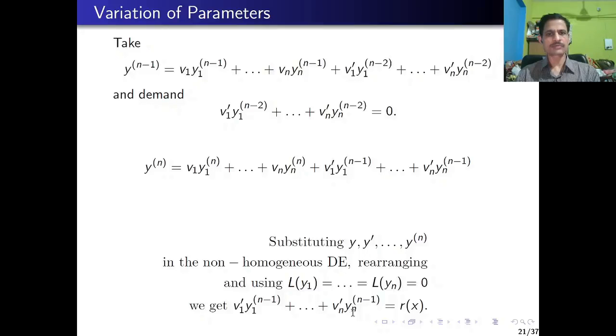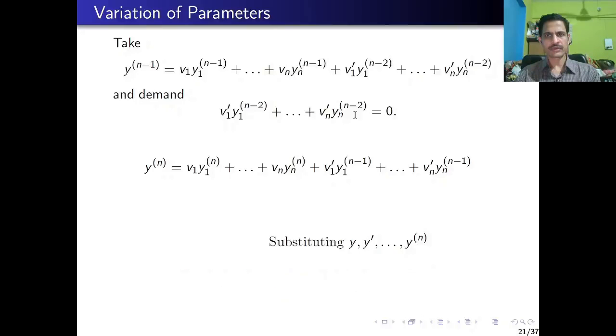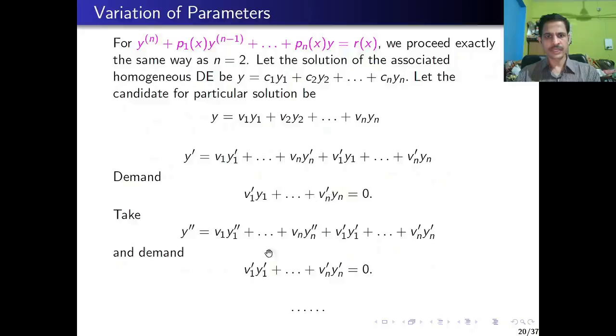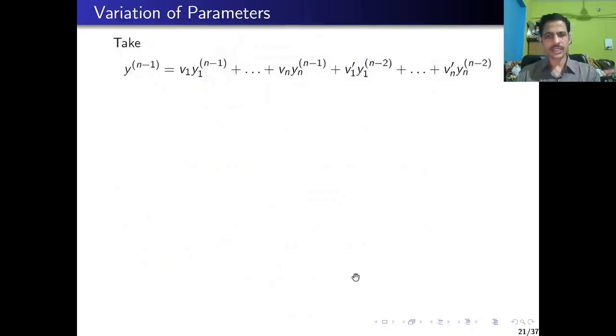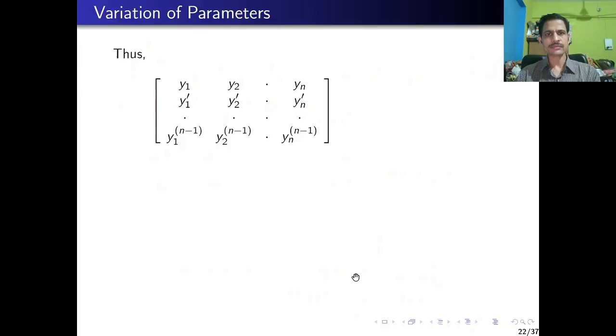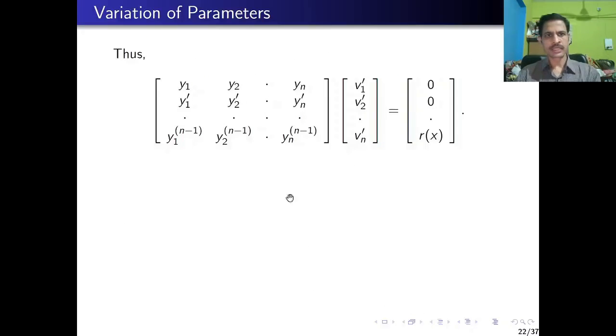So now we proceed by looking at the system of equations which involve v1 prime, v2 prime up to vn prime. We have n such equations. This is one equation. We have this equation here equal to 0, and we have this equation here, and this equation here. All these n equations we collect and form the matrix equation.